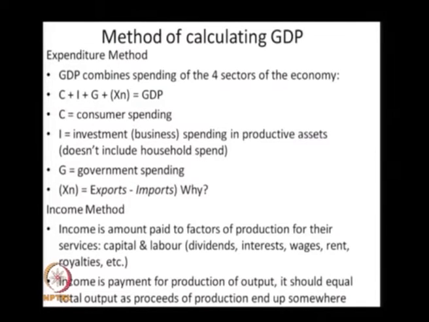Typically, the first method is the expenditure method, which, as I said before, just calculates the end value of the goods or services being delivered instead of calculating the value addition at each stage, and this is popularly called the expenditure method. In this method, expenditure on final goods and services is divided into 5 groups, and these 5 groups are combined in calculating the GDP.